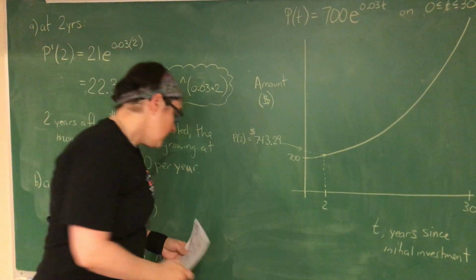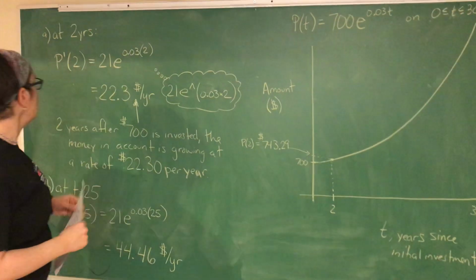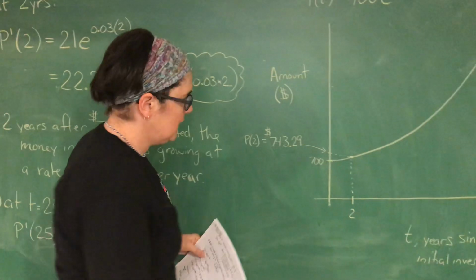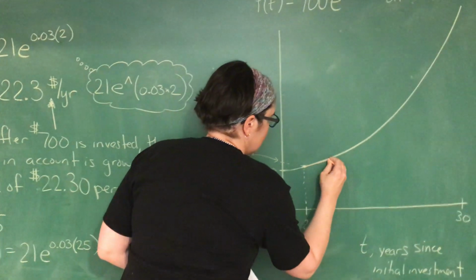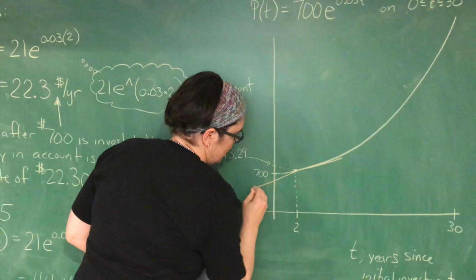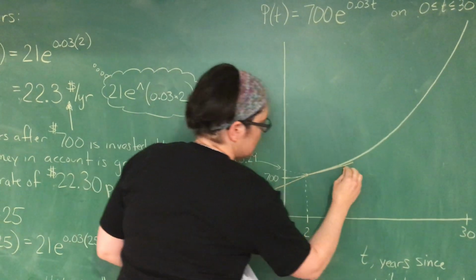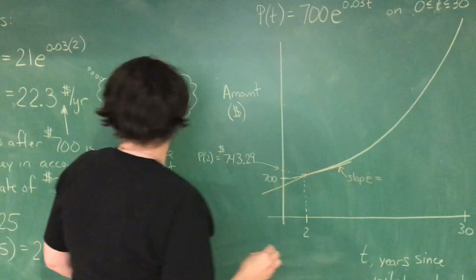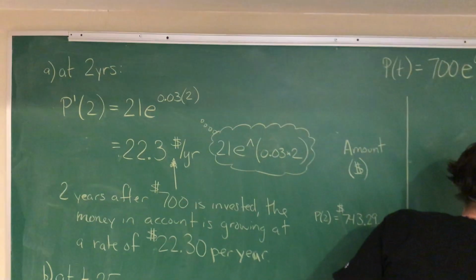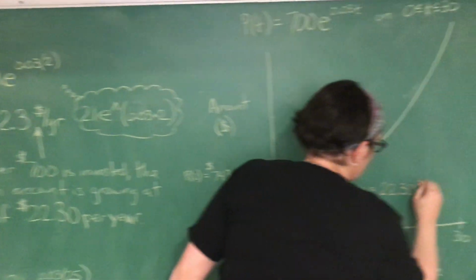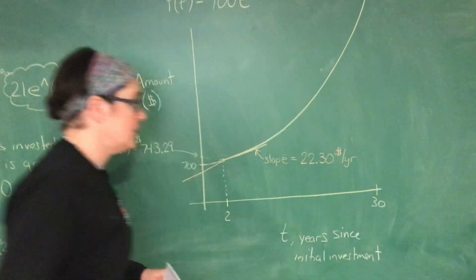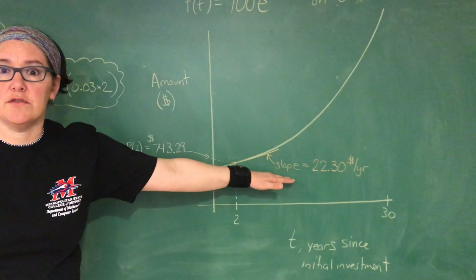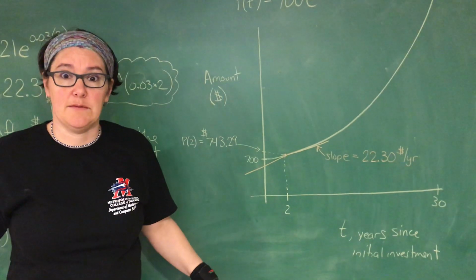Okay. Now, what we calculated is P prime of 2. This is our slope at this point. So if I draw a tangent line at this point, when t is equal to 2, the slope of that tangent line is $22.30 per year. Okay, so your money is increasing at a rate of $22.30 per year after 2 years investment.